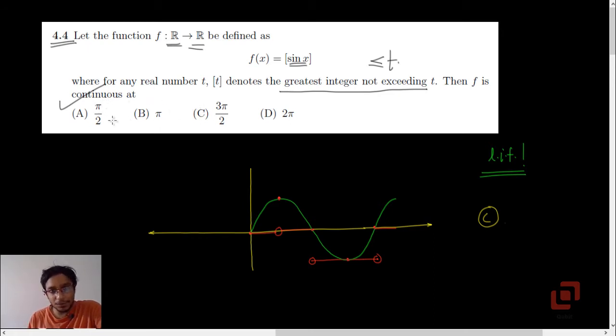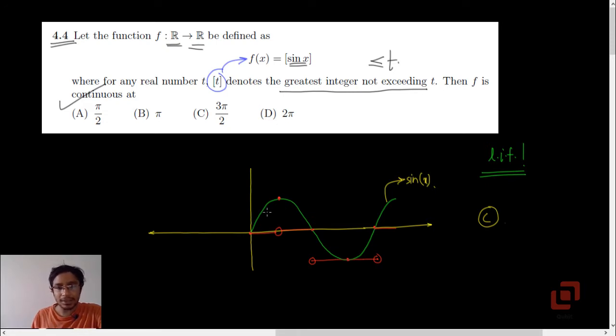And because all these options are greater than 0, it's enough to consider the graph of sine x for positive values of x. So the green curve is that of the function sine x, and now let's try to plot the graph of the function box sine x.